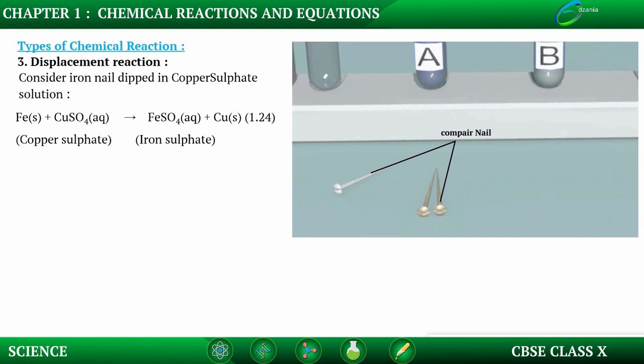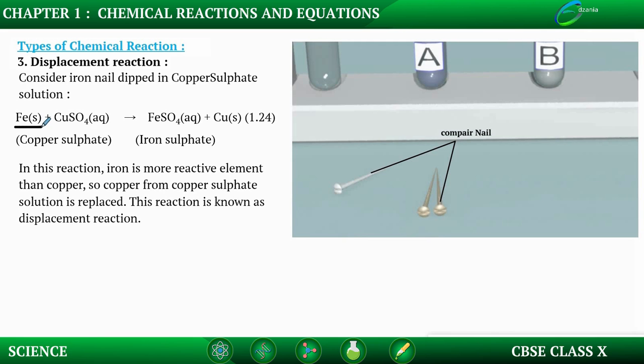According to the experiment, iron when reacted with copper sulfate gives rise to iron sulfate plus copper. Here, iron replaces copper. In this reaction, iron is a more reactive element than copper. So copper from copper sulfate solution is replaced. This reaction is known as displacement reaction.